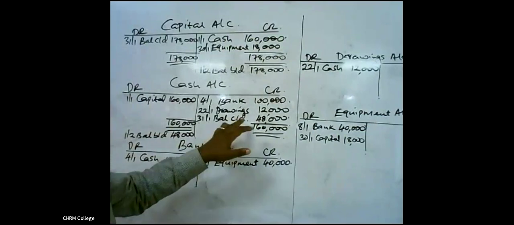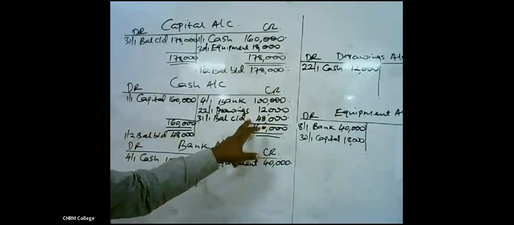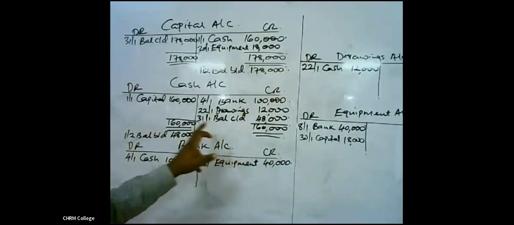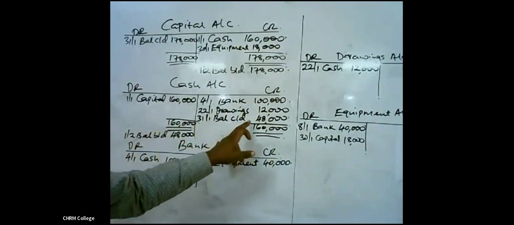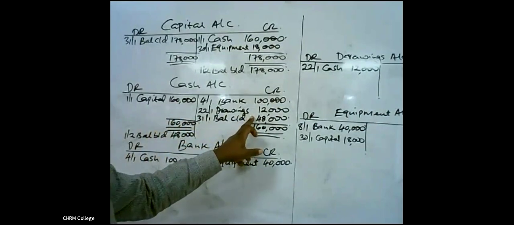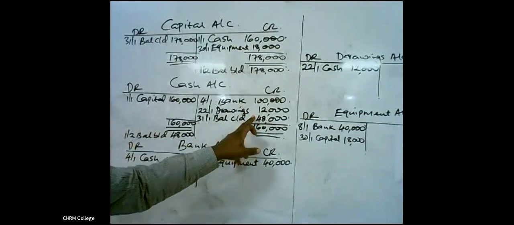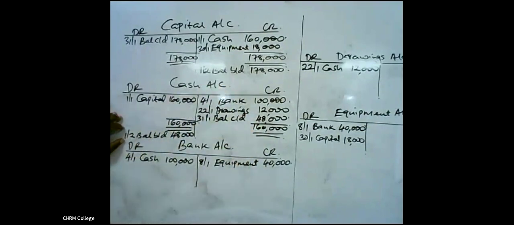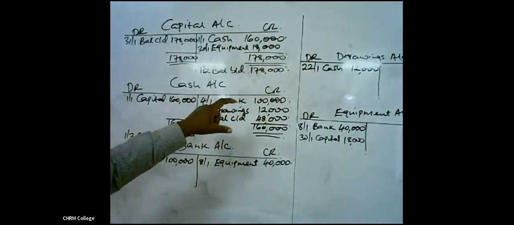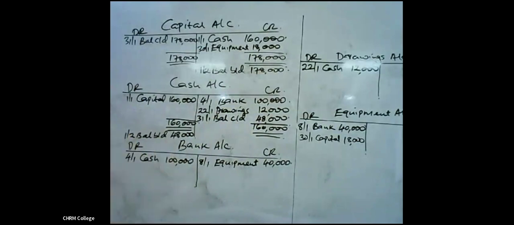In this case, the balance carried down is here because the credit is having less, 48,000, so that we can have 160,000, 160,000. Because the carried down is on the credit, and it was the side with less, then when we start the new period, the balance brought down will be taken back to the side that had more. So it is the debit that was more than the credit by 48,000.